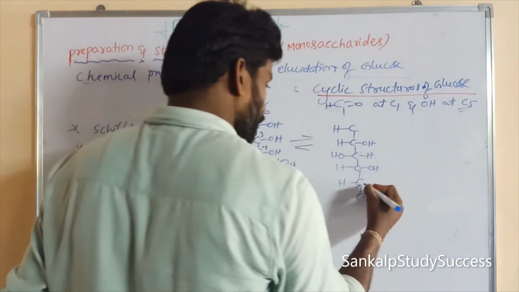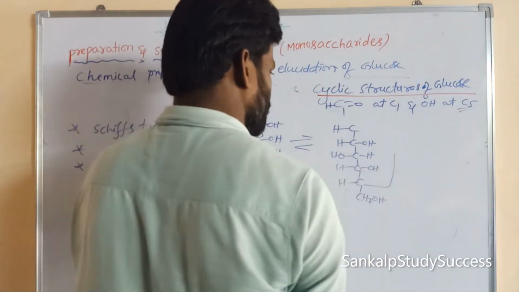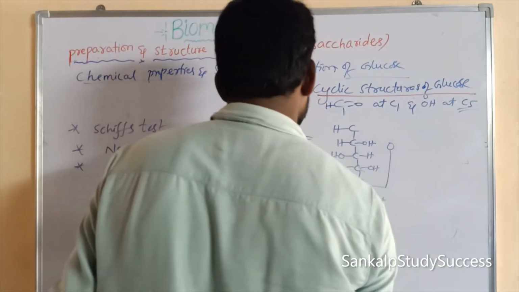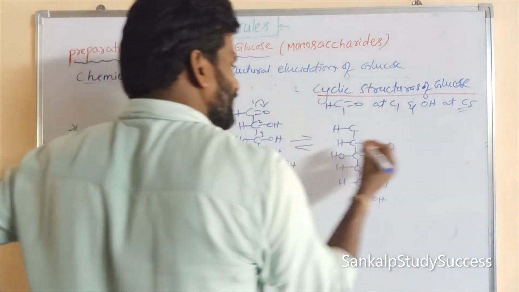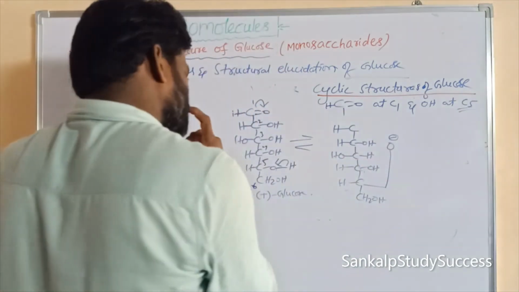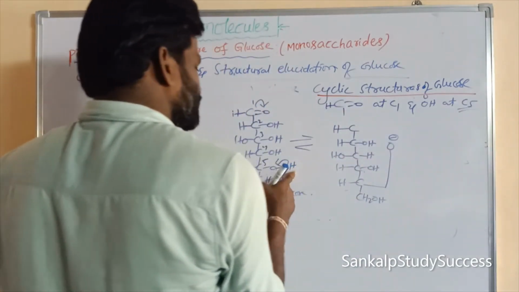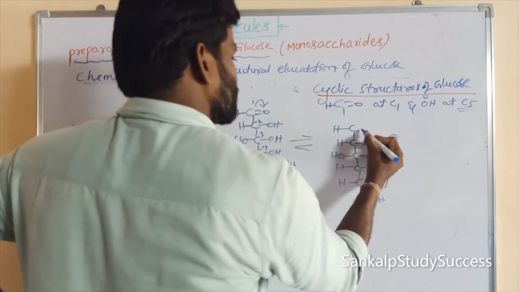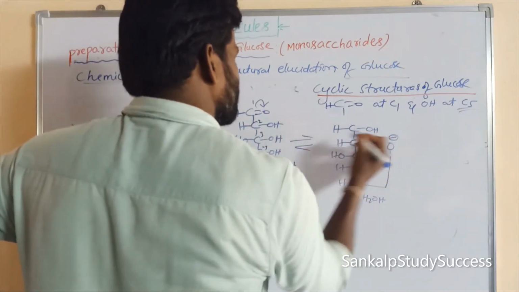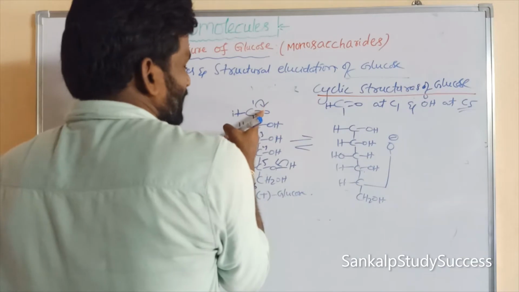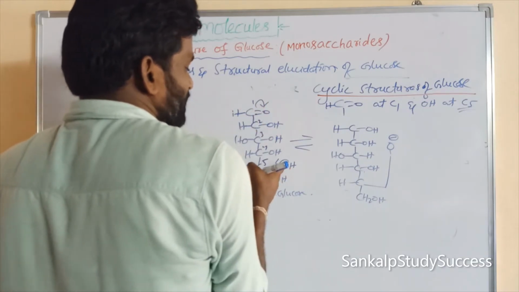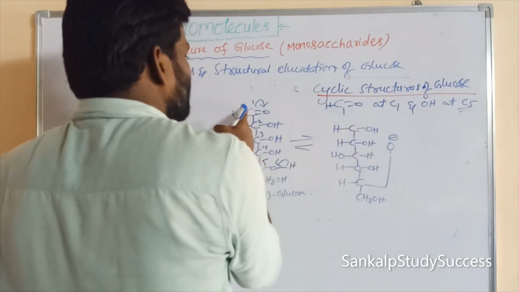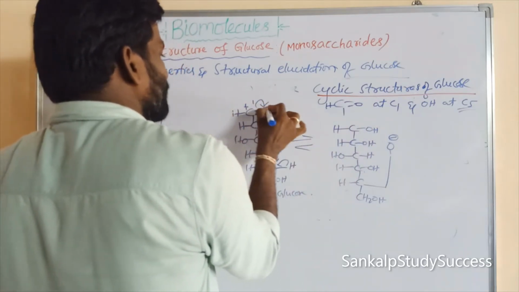So this is the O, carrying a negative charge, and here H carrying a positive charge. This H plus is shifted towards O minus, like OH plus. So the H plus attacks the O minus and forms OH, and here C carries a positive charge.